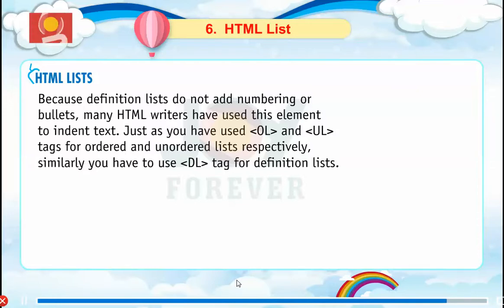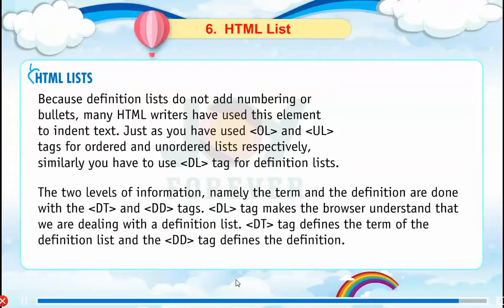Just as you have used OL and UL tags for ordered and unordered lists respectively, similarly you have to use the DL tag for a definition list. The two levels of information, namely the term and the definition, are done with the DT and DD tags.